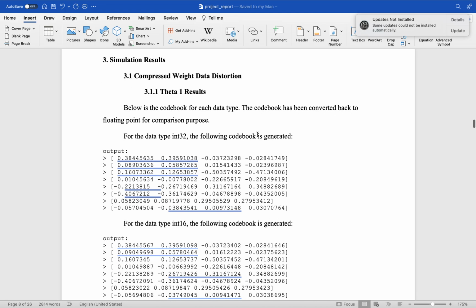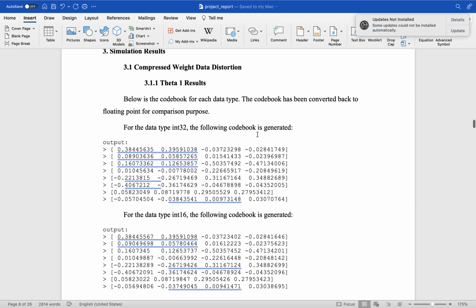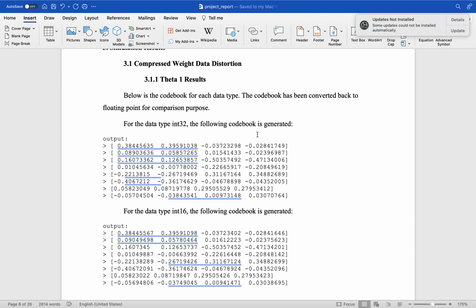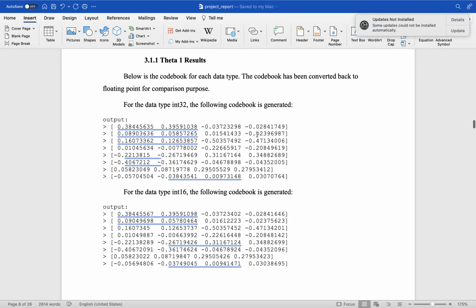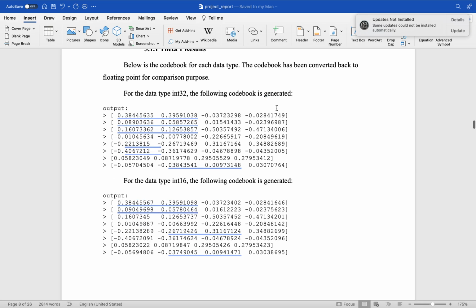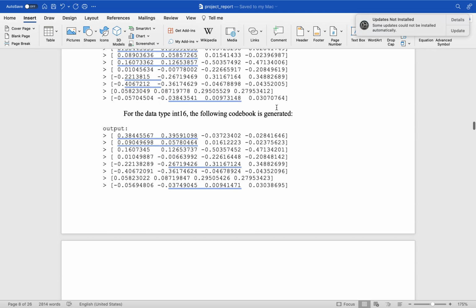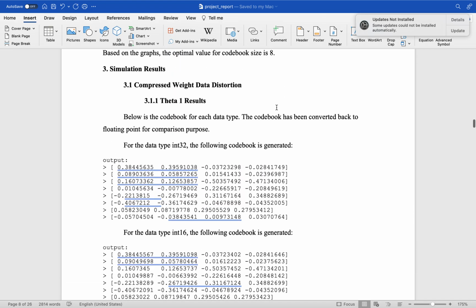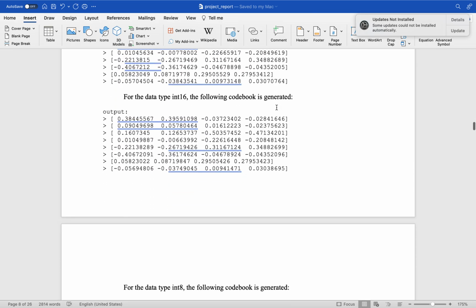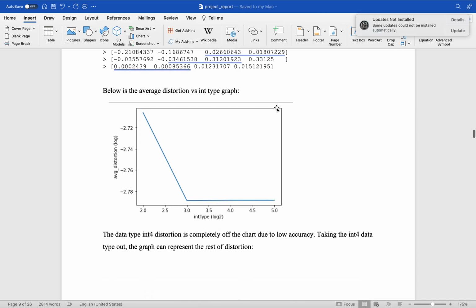So the simulation result is based on the codebook size of 8, and I generated the codebook for each data type: int 32, int 16, int 8, and int 4. Then the codebook has been converted back to floating point for comparison purposes. So for theta 1 it is int 32, int 16, int 8, and int 4.